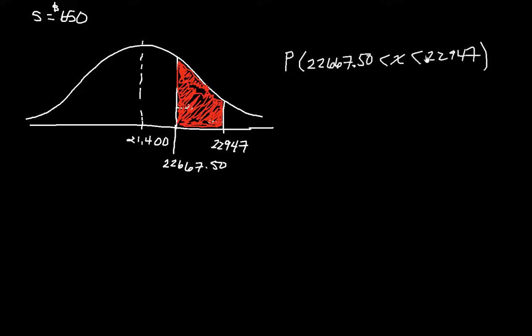So I'm looking for the probability that x is greater than 22,667.50 and x is less than 22,947.